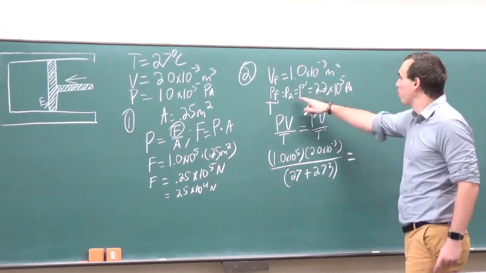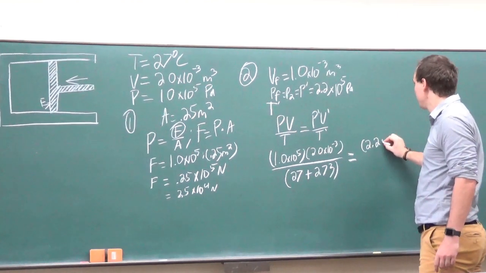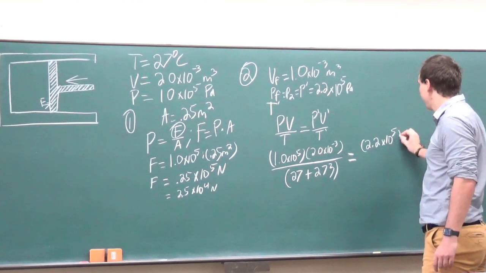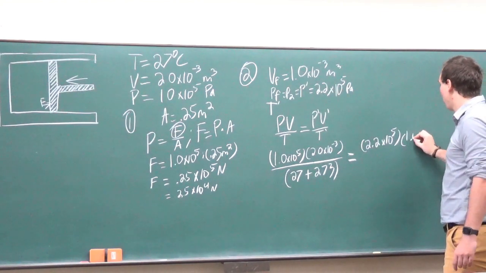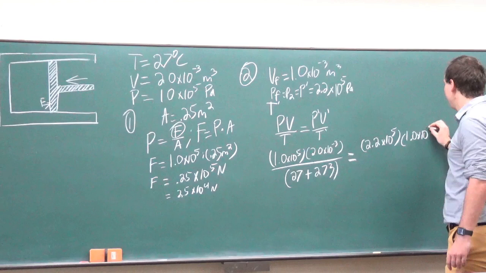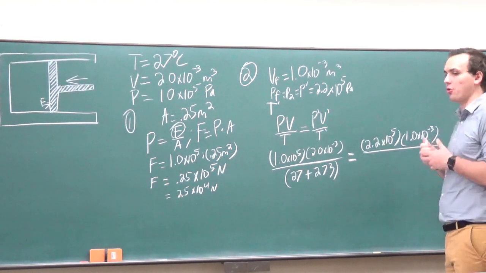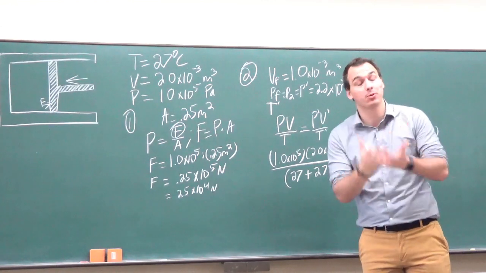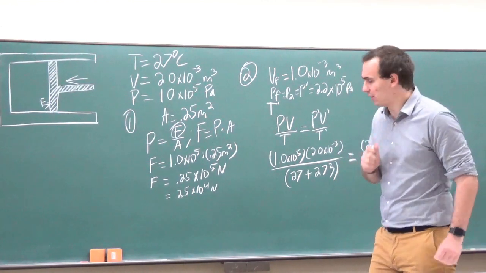Let's see, our new pressure is right here, 2.2 times 10 to the fifth. Our new volume is right here, 1.0 times 10 to the negative third. And this is all over our new temperature, which is what we're looking for. Now don't make the same mistake twice.